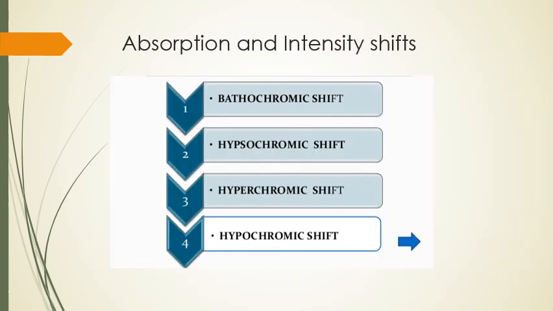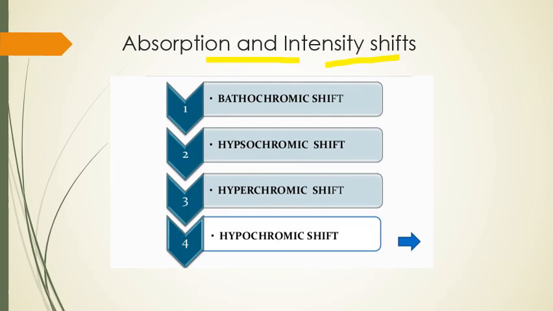After understanding the chromophore and the oxochrome, now we should understand the absorption and the intensity shifts, because the oxochrome groups are responsible for shifting of the characteristic wavelength absorbed. So let's see the different absorption and intensity shifts found in the UV visible spectra and their causes.